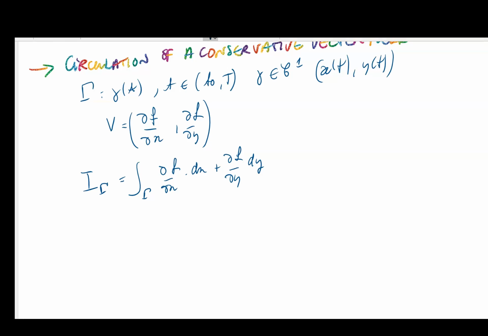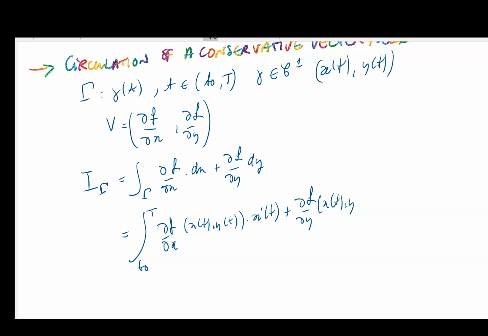Okay, using the previous calculations that we did earlier, that's just going to be the integral between t0 and capital T of (df over dx of (x of t, y of t) times, you remember, x prime of t, plus df over dy of (x of t, y of t) times y prime of t), the whole thing times dt.